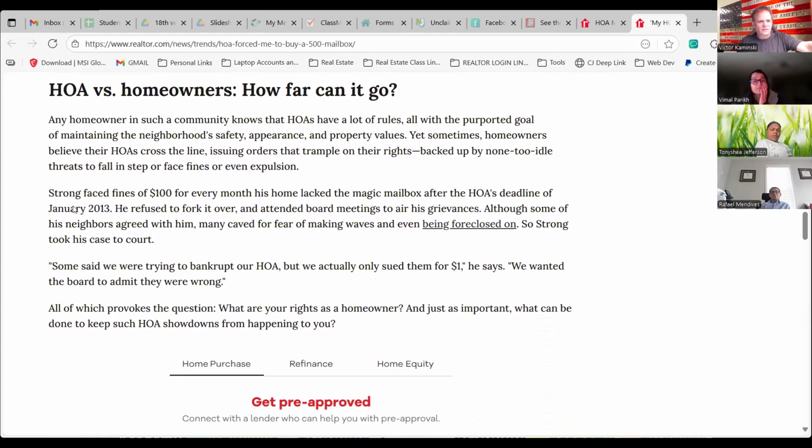So let's see. Strong, that's the guy's last name, faced fines of $100 for every month his home lacked a magical $500 mailbox after the HOA's deadline of January 2013. He refused to fork it over and attended board meetings to air his grievances. Although some of his neighbors agreed with him, many caved for fear of making waves and even being foreclosed on.